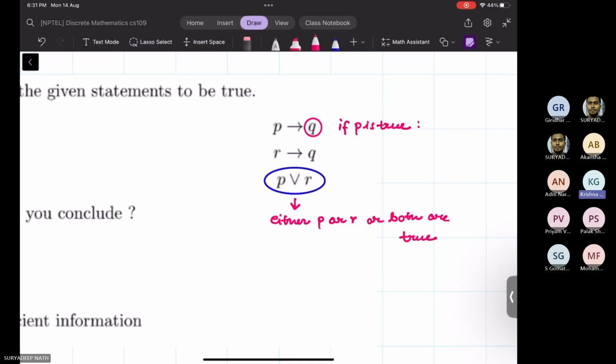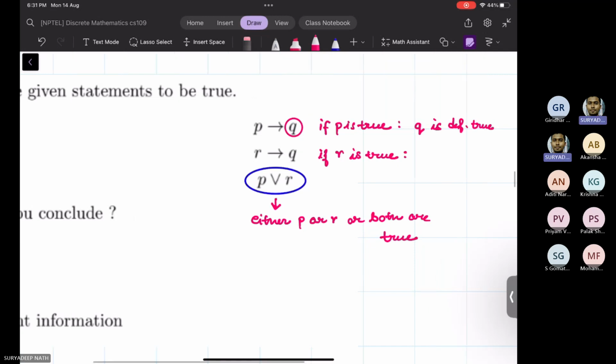Q will be true. Right. So if P is true, Q is definitely true. And if R is true, what do you think will happen to Q? Again, it is definitely true. So Q is again definitely true.